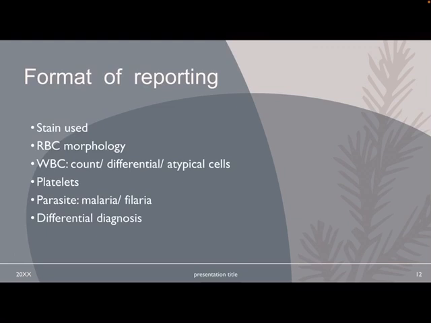And especially for acute leukemia, you have to write acute leukemia and obviously advice. You can write the advice in the slides, so it gives a good impression about you, especially if it is leukemia, or HPLC for any hemoglobinopathies.